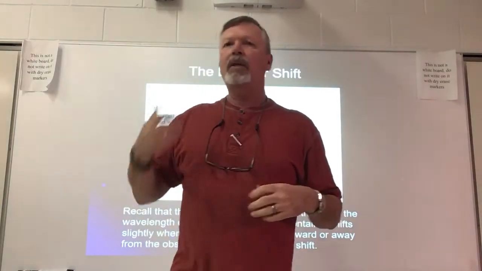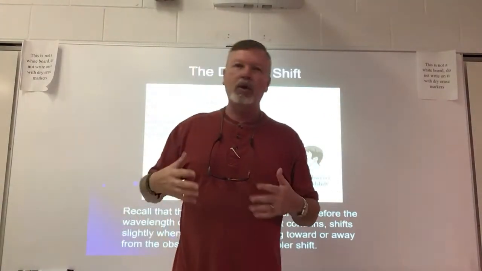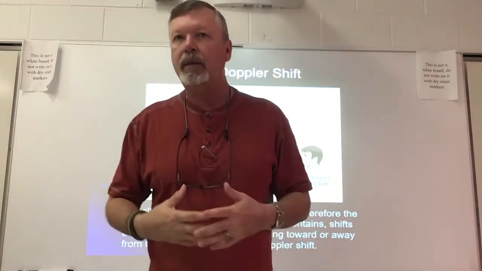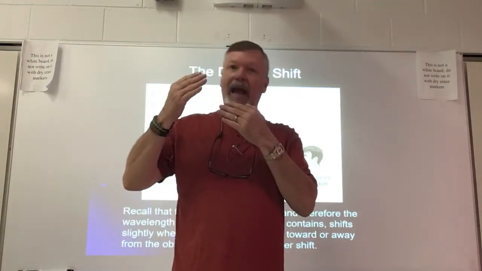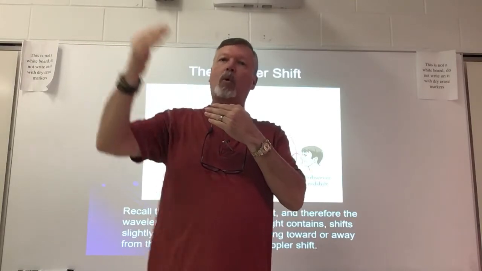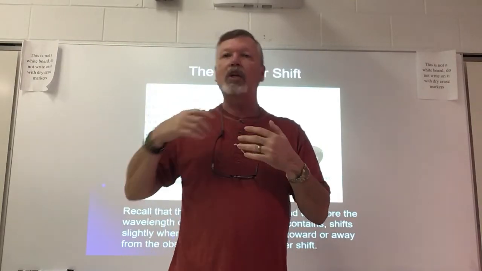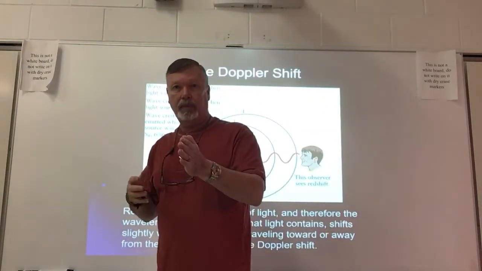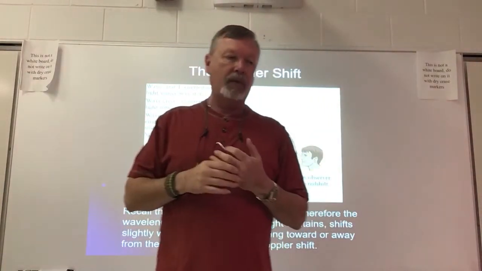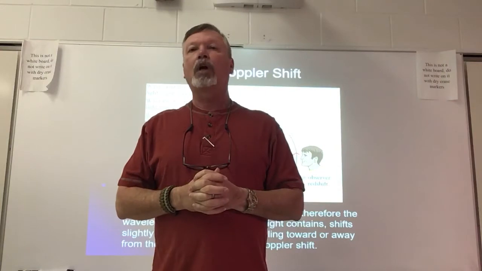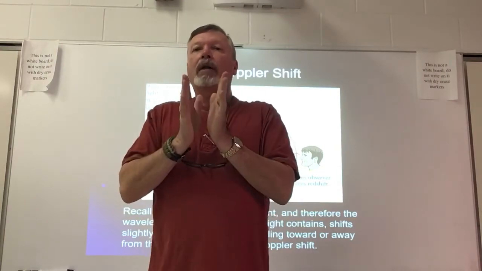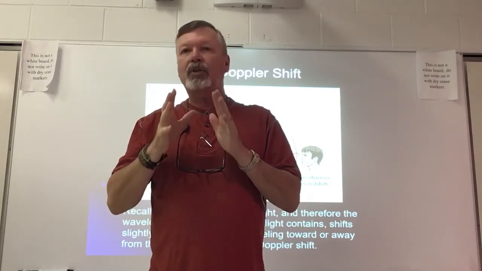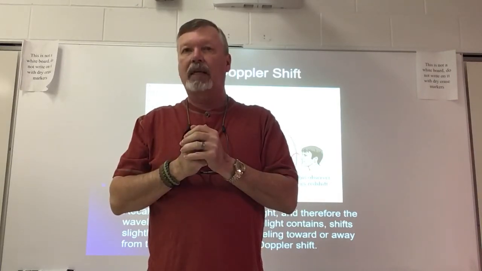Okay? Now, what does this have to do with light? We use the Doppler shift in astronomy all the time to tell whether or not, as an example, galaxies are moving away from us or towards us. And we can do that by looking at the light from it, the spectrum of the light coming from the galaxy. So, if we are in our galaxy and we're looking out into space at another galaxy, I can get the spectrum from this galaxy.